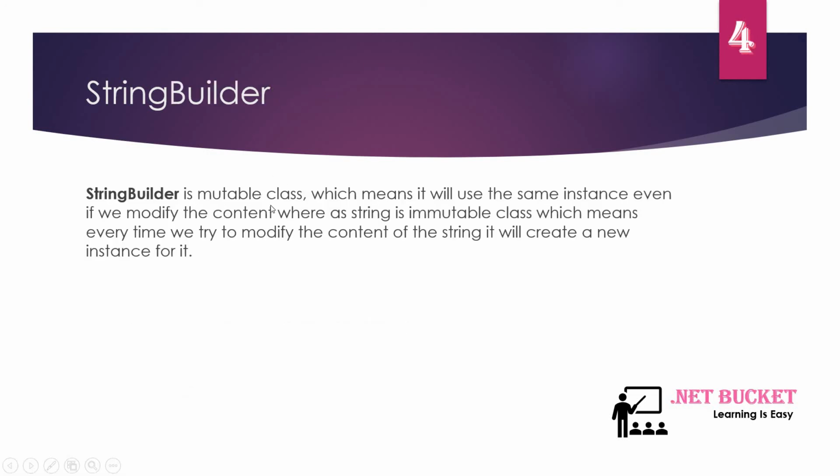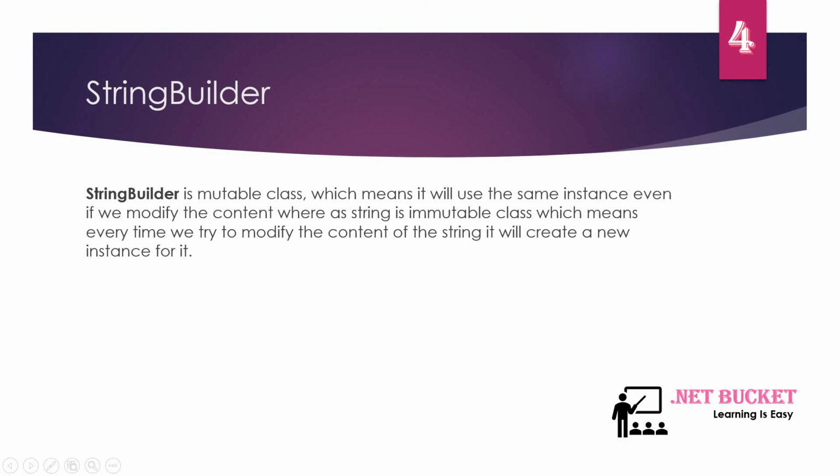StringBuilder is a mutable class. What does mutable mean? Mutable means that it will use the same instance or same memory location even if you modify the content, whereas string is an immutable class. Immutable means whenever we try to modify the content of a string, it will always create a new instance of it.